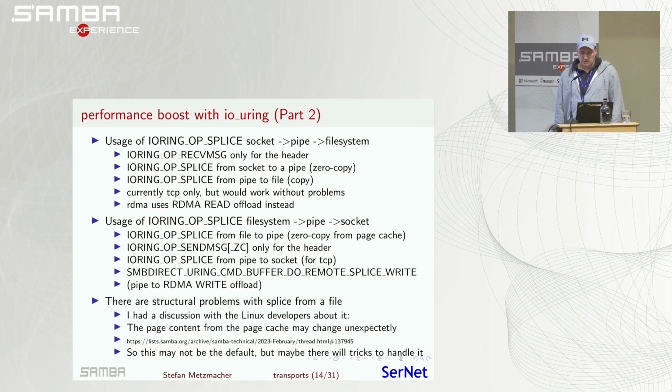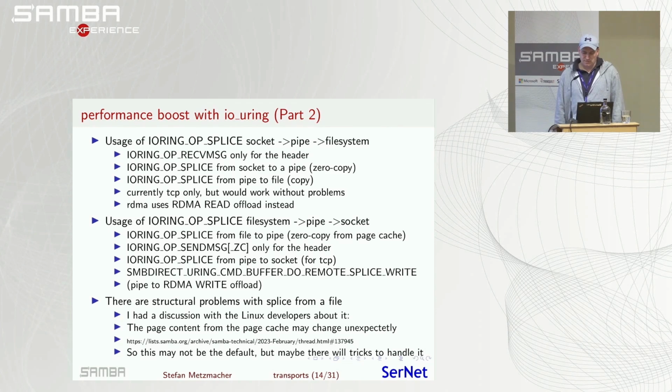The only problematic thing is that there are structural problems with splice from a file. So when we have pages in the page cache, we can reference them and send them to the socket.